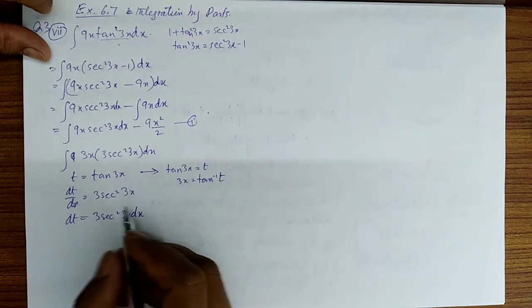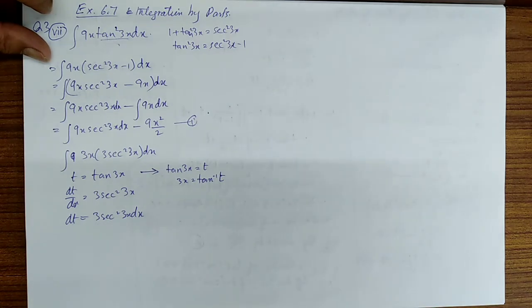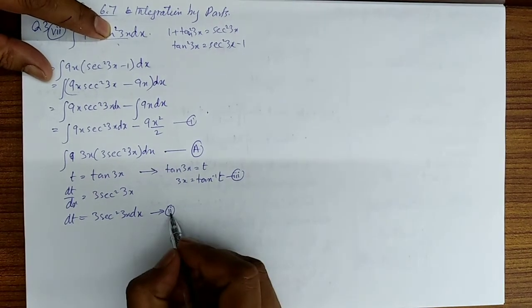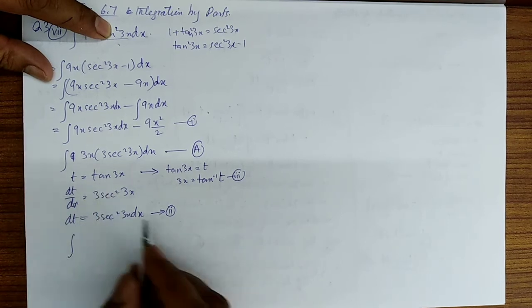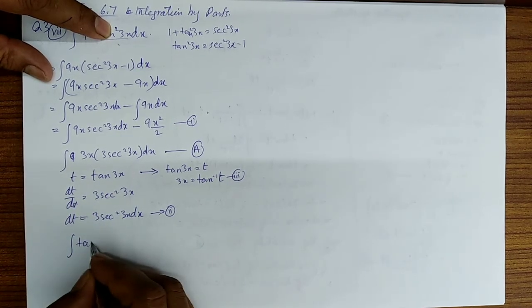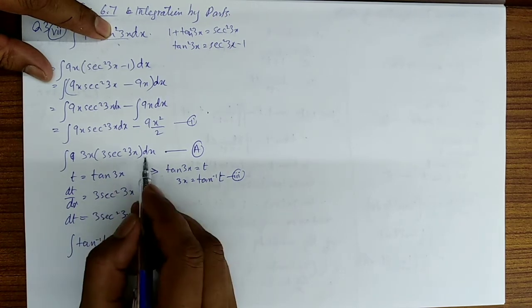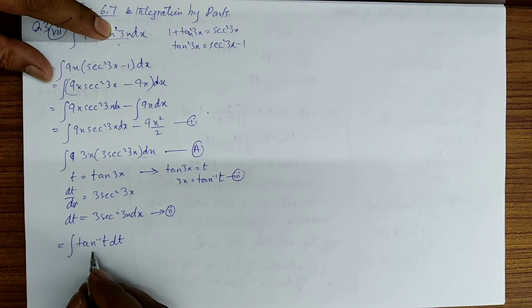So now by substituting these values into the integral, in place of 3x we put tan inverse of t, and for the rest we have dt. So we have this in a simplified form.